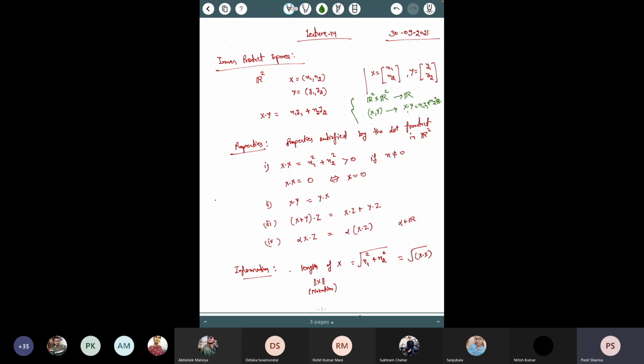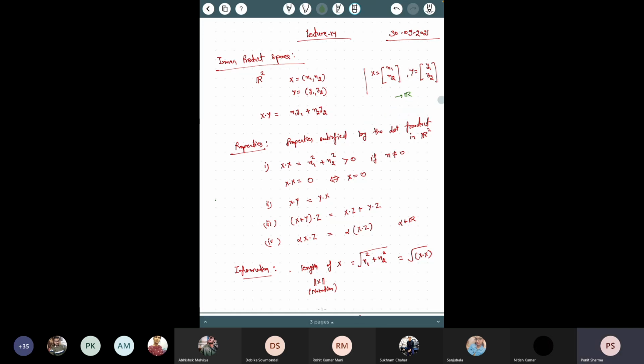So what we will do here is try to define a function on a vector space, from V cross V to F, where F is the field, such that that function satisfies this kind of properties. Okay, so let me write this.